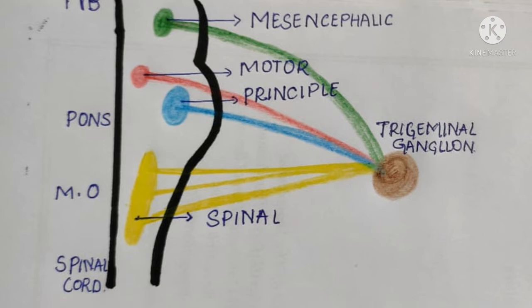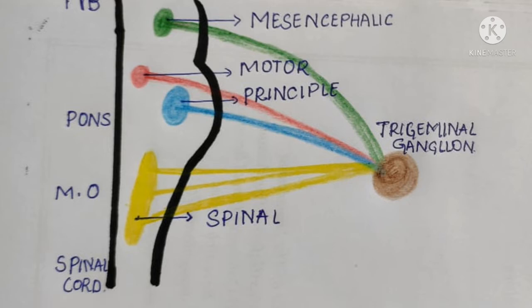Let's have a look at the lateral view of the brainstem. Here we have midbrain, pons, medulla oblongata and spinal cord. Trigeminal nerve arises from 4 nuclei, out of which 3 are sensory nuclei and 1 is motor nucleus. Let's see what those nuclei are. Mesencephalic, which is located in the midbrain, and it is sensory.